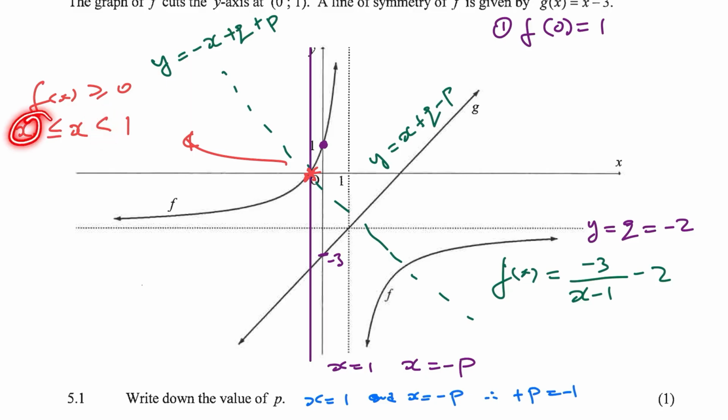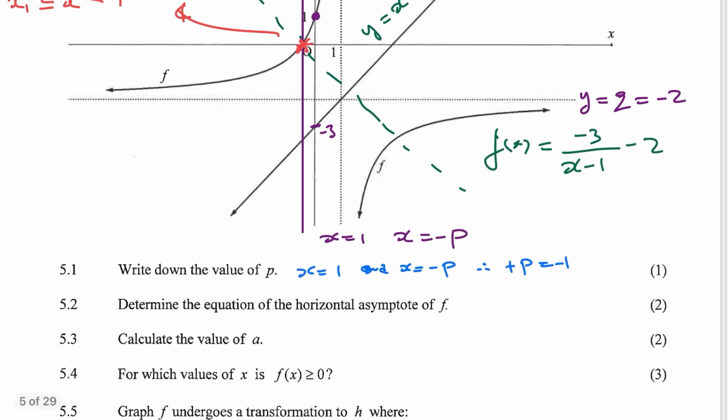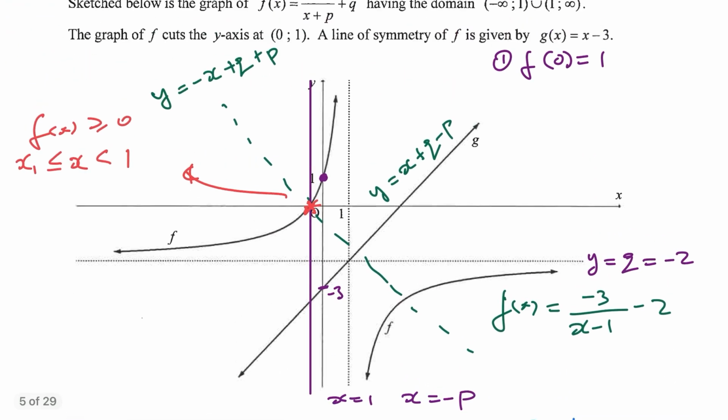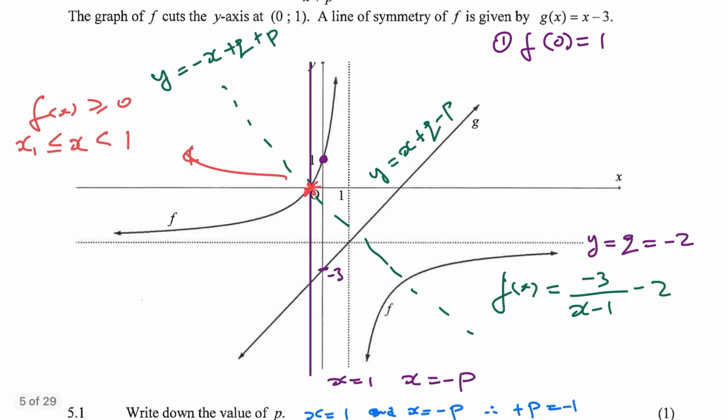But it is greater than or equal to this point, which is the x-intercept. And what do we know? We know that f of x1 is equal to 0. Why? Because it is an x-intercept.